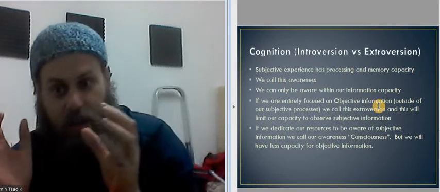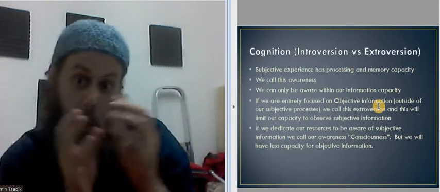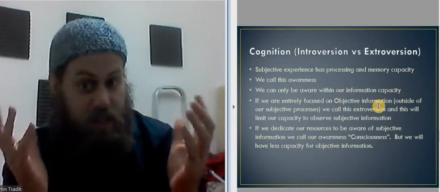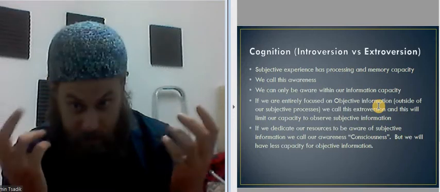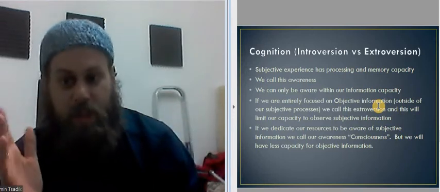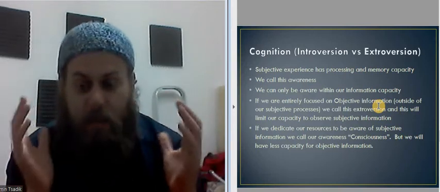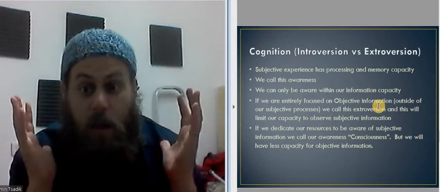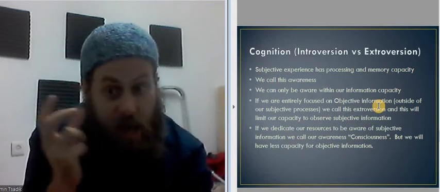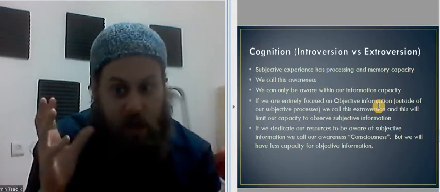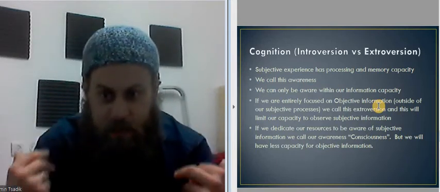Are we observing subjective information or objective? We have this capacity, just like this upper limit in the Heisenberg uncertainty principle. That's our upper limit. We have a capacity for observing information, and this information can either come from outside or from inside, or from a combination of the two, right? From the subject or from the object.